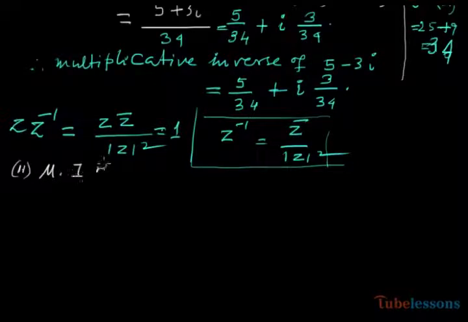Now multiply the inverse of 5 minus 3i by 3 plus 2i.